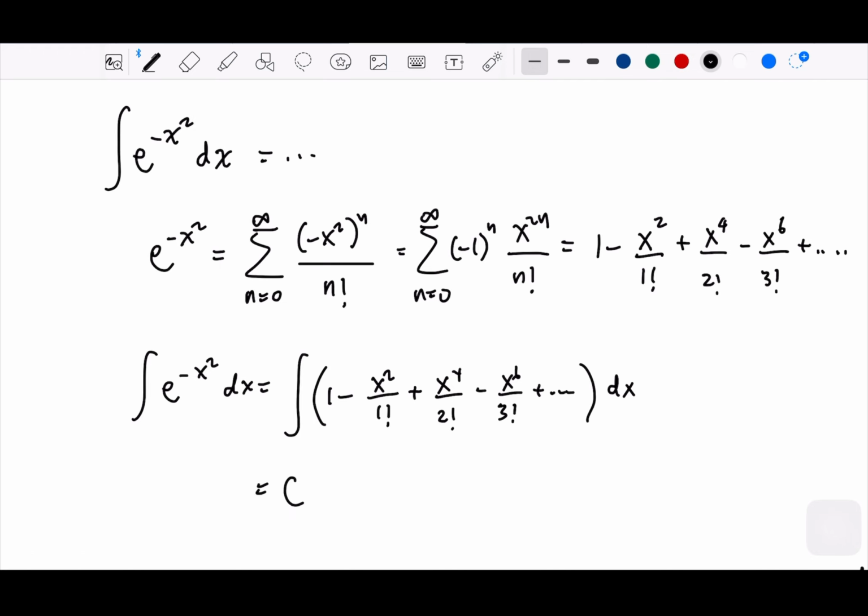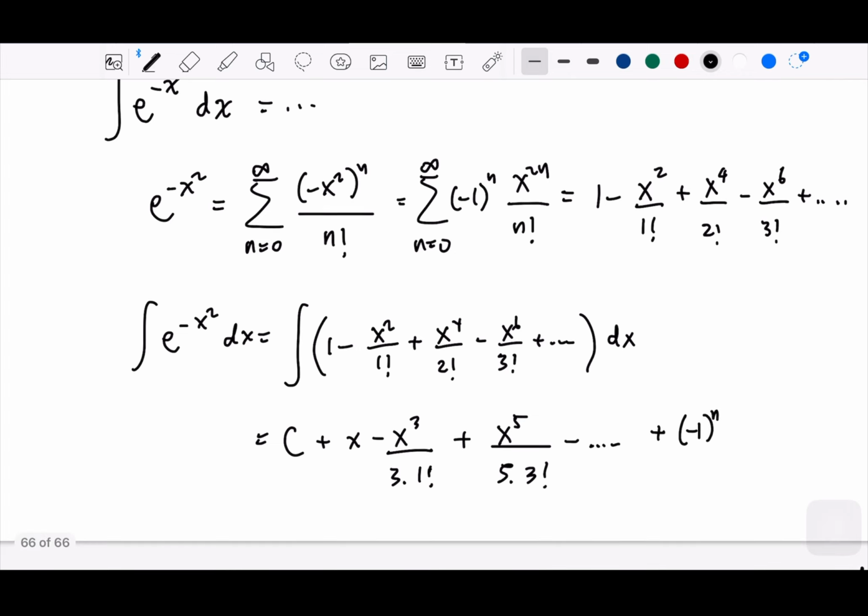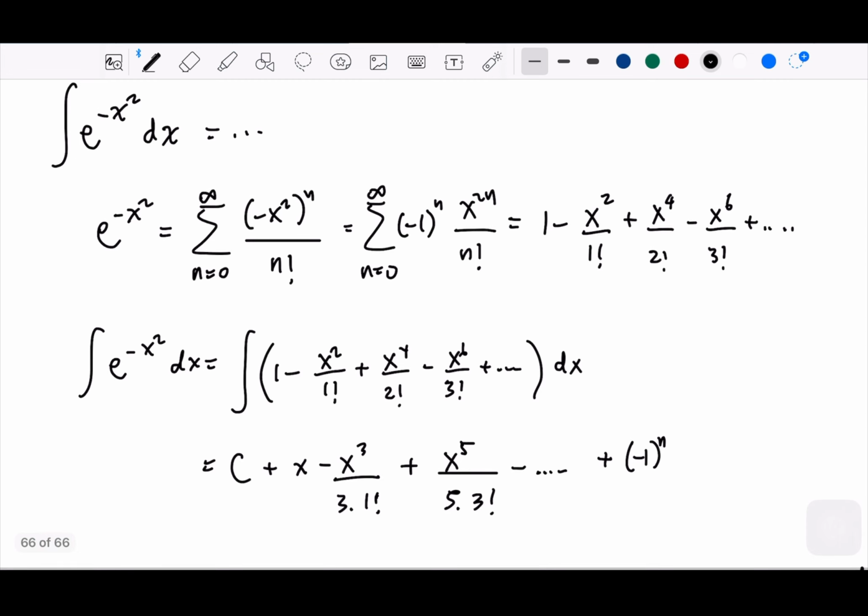Then we can say it's a constant plus x minus x cubed over 3 times 1 factorial, plus x to the 5 over 5 times 2 factorial, minus, and so on and so forth. We'll see that this is going to be an alternating series with x to the n plus 1 becoming an odd number, and then the odd number multiplied by n factorial.